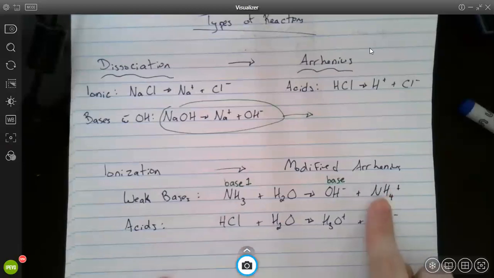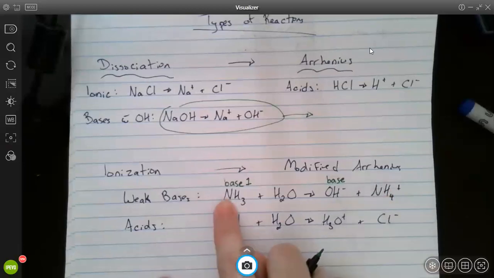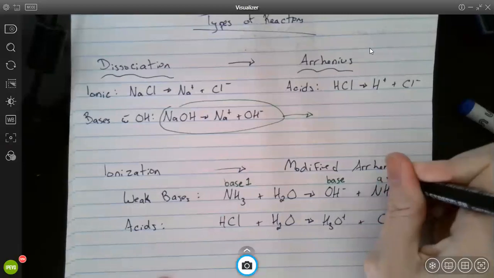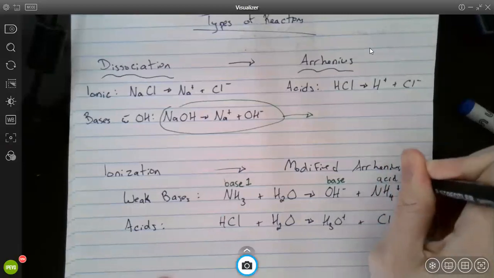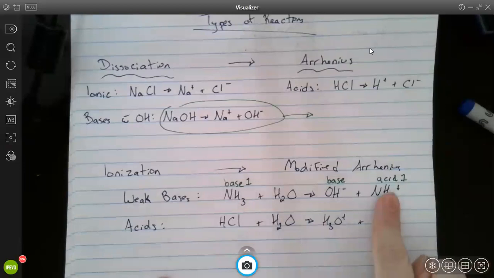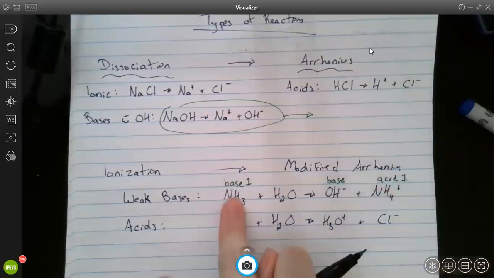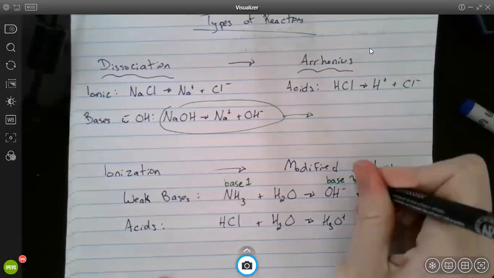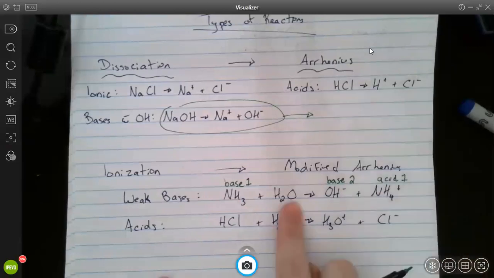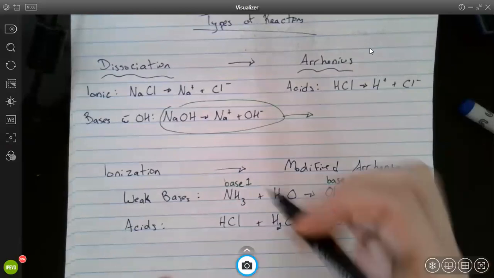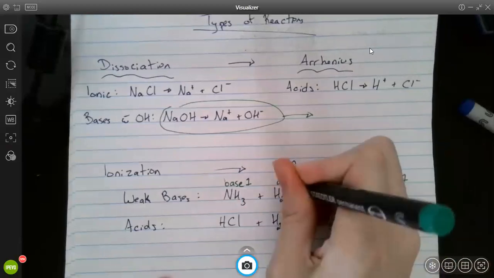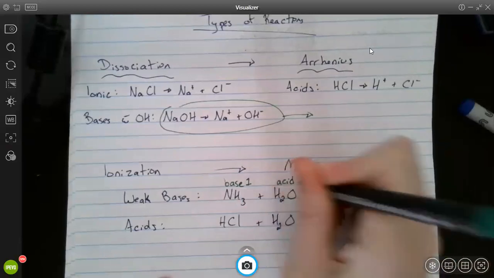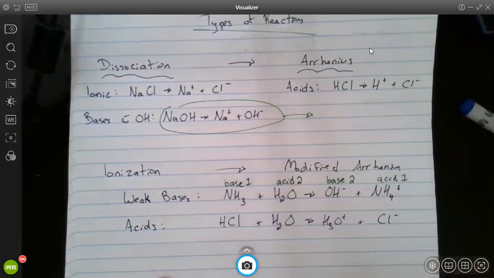So this has one extra H+ from that base, so this becomes acid 1. So they are a conjugate acid-base pair. If this then is base 2, well, H2O has one extra H+ compared to OH, so that makes our H2O acid 2. So water and hydroxide are an acid-base pair.